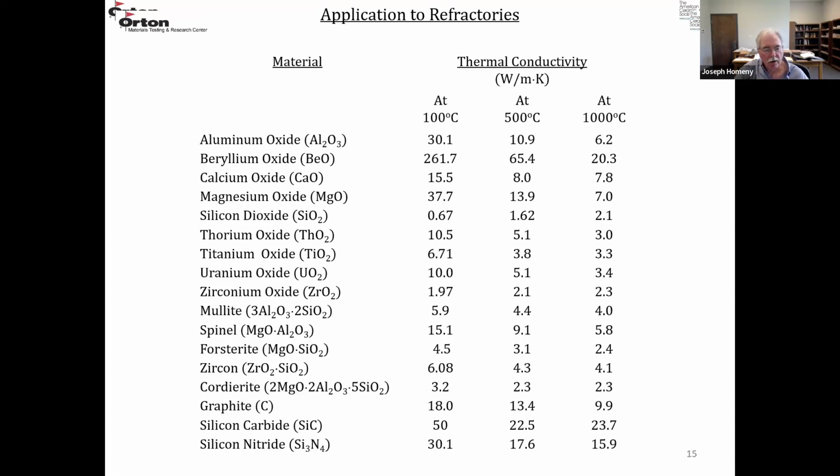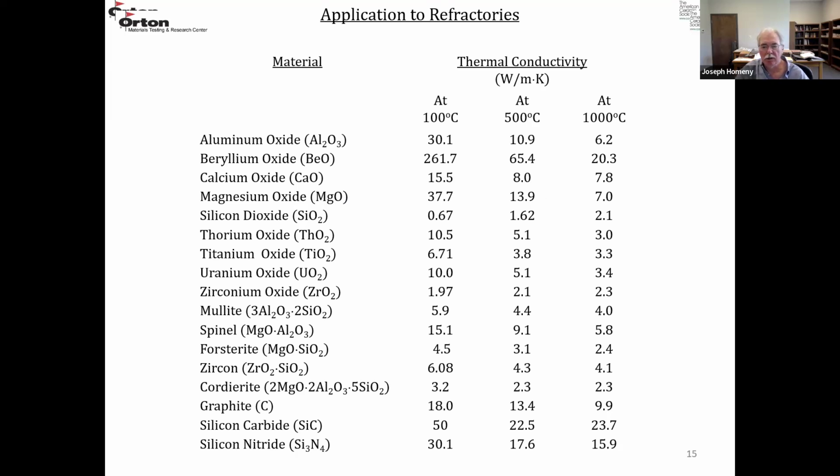So this is another reference table, different kinds of refractory materials and their thermal conductivity at 3 different temperatures, 100 degrees C, 500 degrees C, and 1,000 degrees C. And this is in watts per meter degrees K. So a material like magnesium oxide has a high thermal conductivity, and then you see it decreases with increasing temperature.